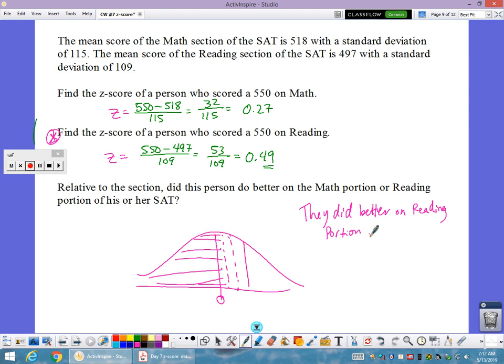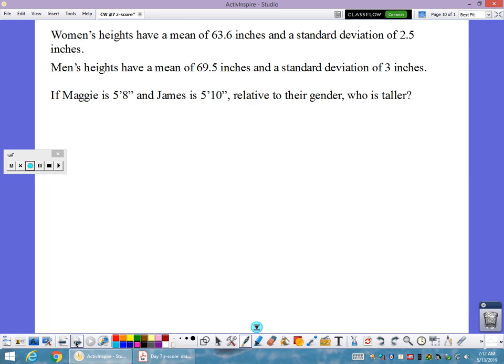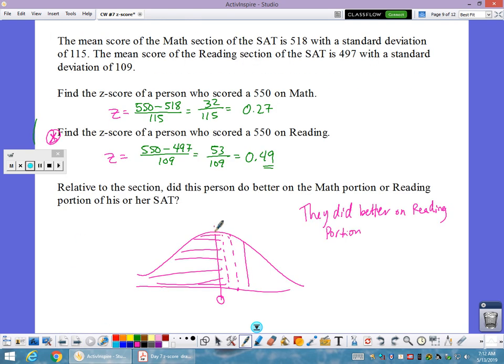All right, and usually when you get tests, they give you the percentile, and they tell you what percent of people you did better or worse than. We're going to figure out how to do that tomorrow with the z-table. All right, because empirical rule works when you're right on the standard deviation.